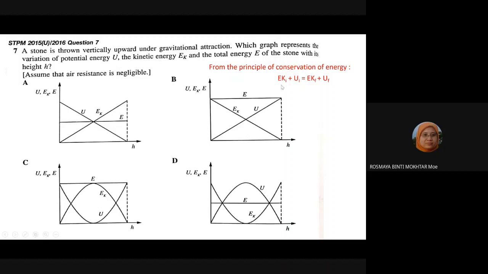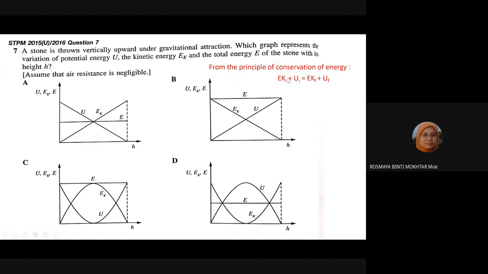That means the total initial energy equals the total final energy. We use EK because the question uses EK to represent kinetic energy. Our textbook uses K only for kinetic energy, so we follow the question. U is gravitational potential energy, same as in the book. E, total energy, is also the same as in the book.